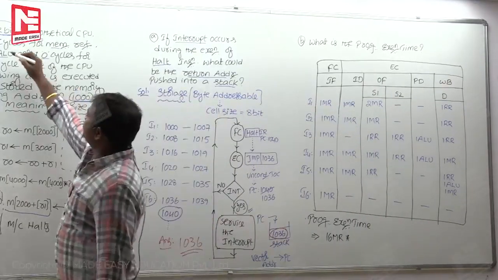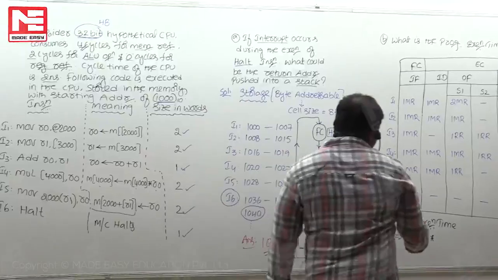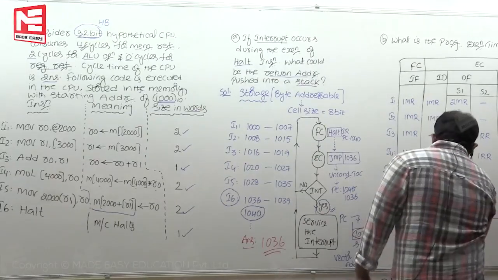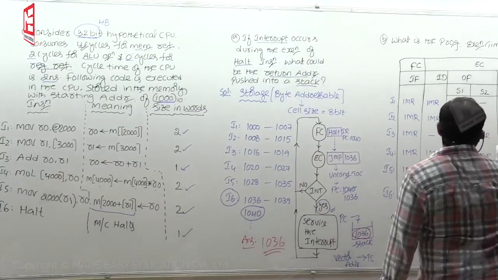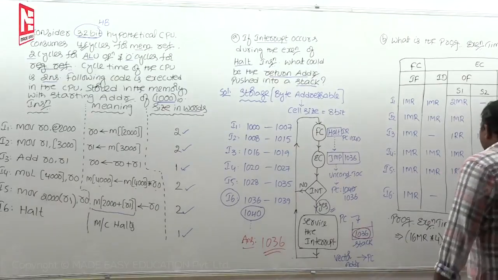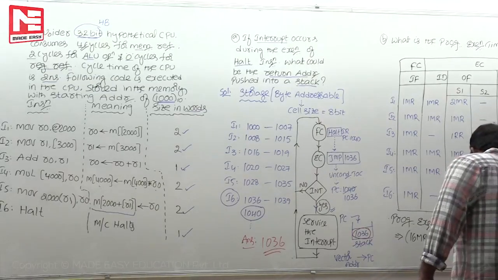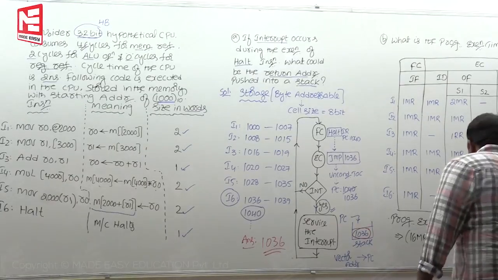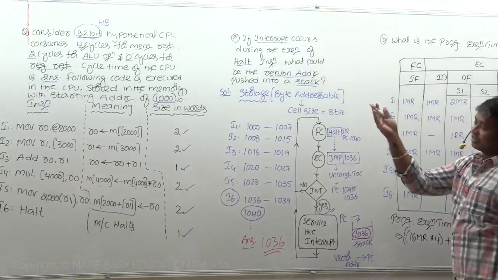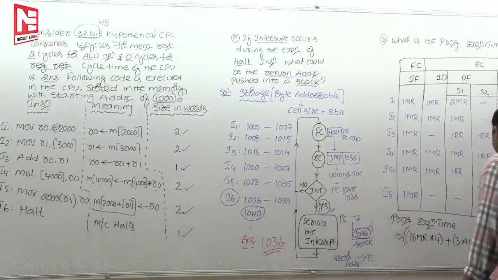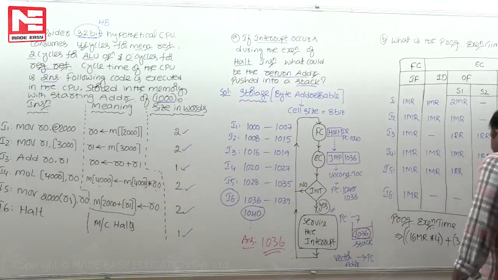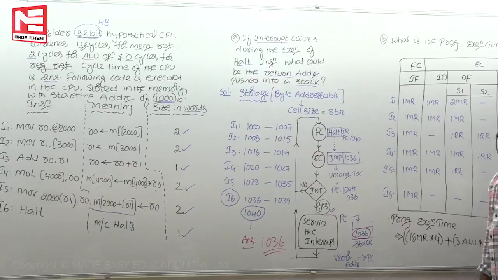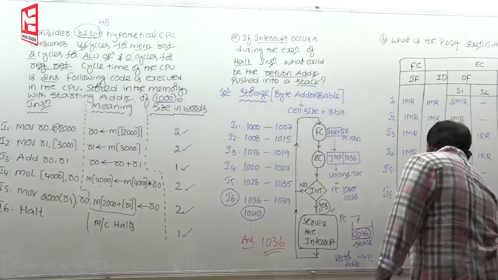In the question given, 4 cycles, plus ALU operations. How many? 1, 2, 3. Only 3 ALU operations into 2 cycles. Register references not required because 0 cycles given in the question. So overall cycle time is 2 nanosecond. So this is the value. Okay? So compute this.